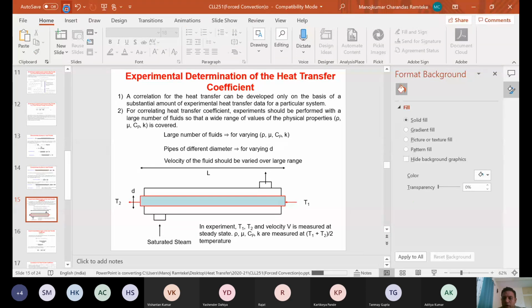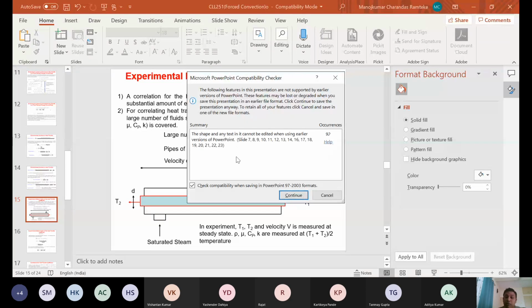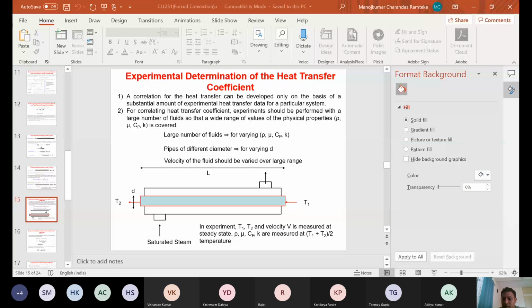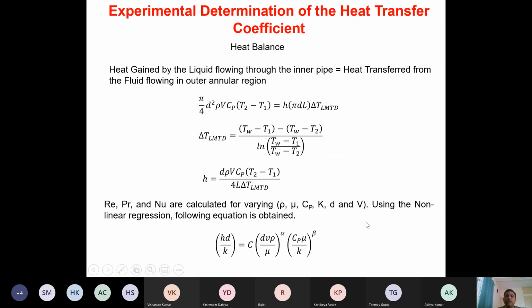Okay. So now with this variability, we have to perform a large number of experiments, and once we perform them, what we are going to note down is these temperatures. T1, the inlet temperature, we know; the outlet temperature we are going to note down. That's it.